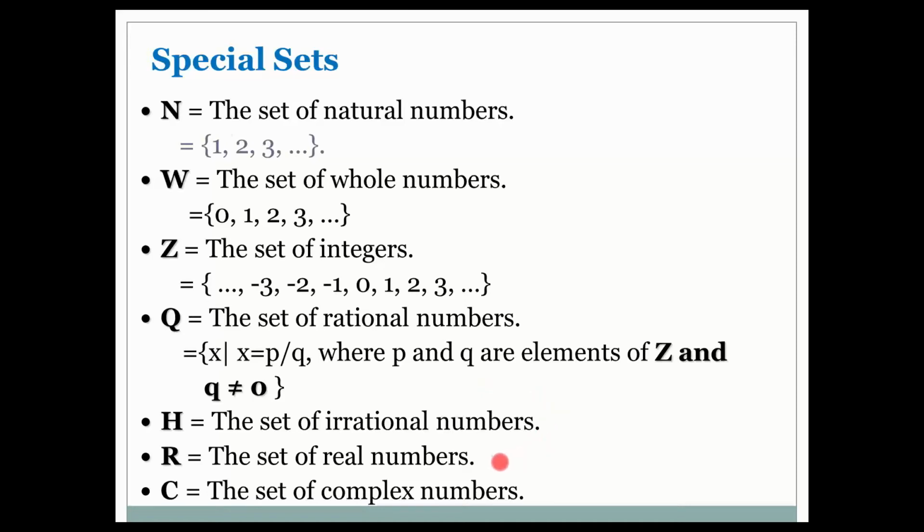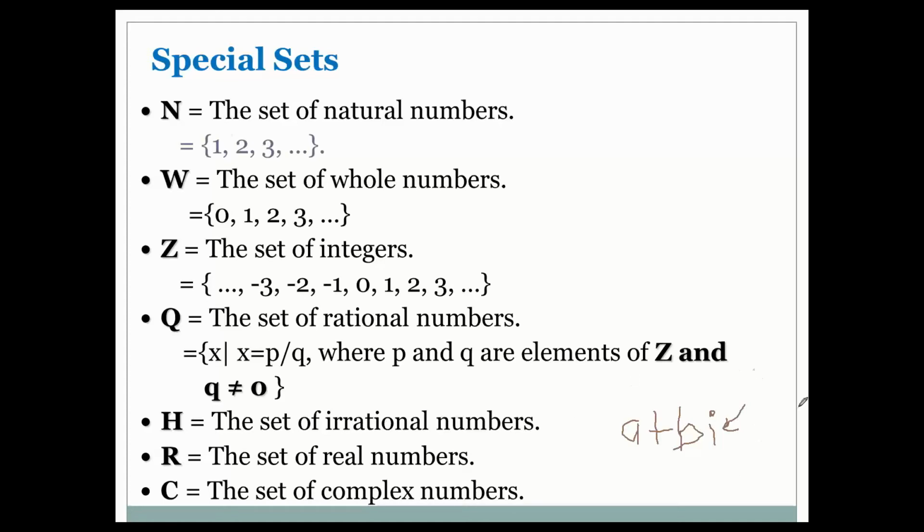The set of real numbers is R, and the set of complex numbers is C. You probably remember this from a long time ago, but a complex number will be A plus B I. It's got this imaginary number, I, which satisfies the equation I squared is -1.